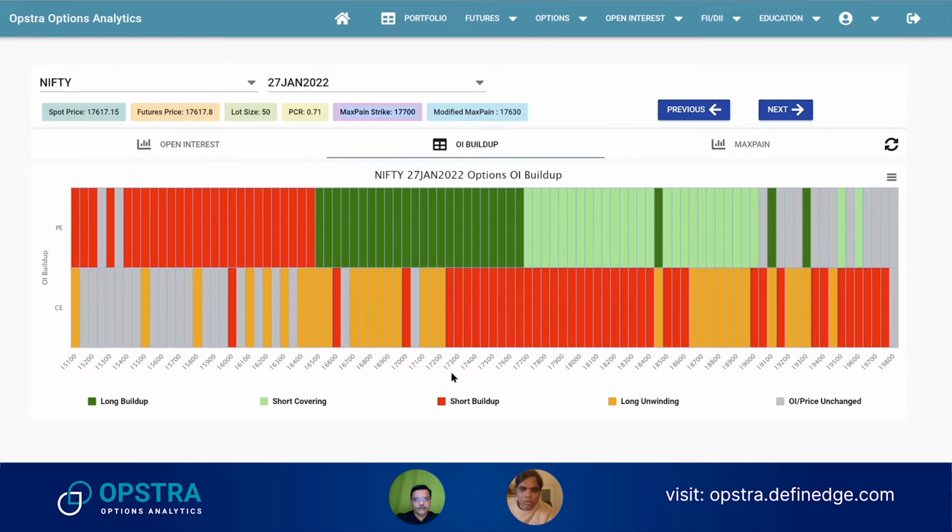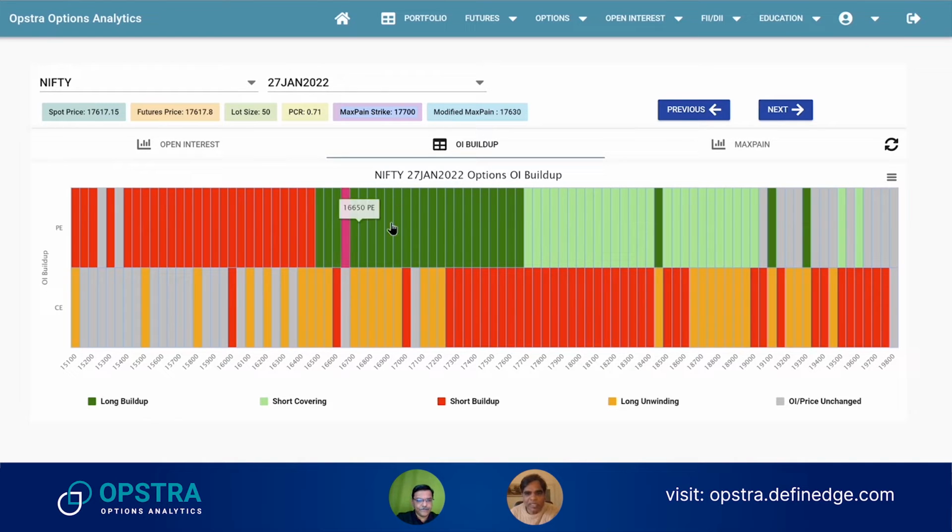If you look at this short build-up in the call options, it tells you that from 17,300 to 18,400, everywhere there is a short build-up in call options because the option writers are very bearish on the market.